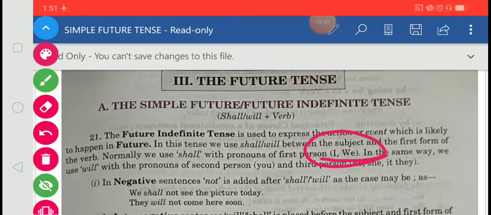Okay students, structure of the sentence: after the subject we use the helping verb will, shall, then the first form of the verb.